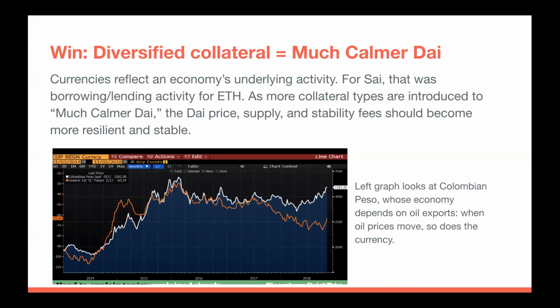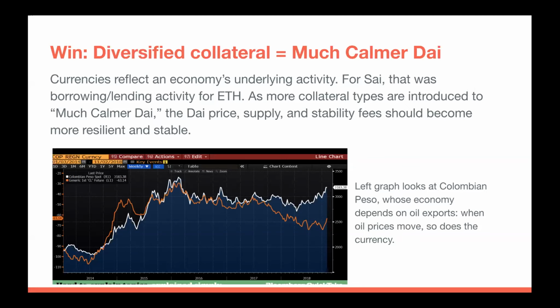If you add more collateral types, though, in theory, that diversifies this economic activity, this borrowing and lending activity. And that should also result in more stable DAI prices, supply, and even stability fees. Such that if you have a much calmer DAI, using that MCD inside of a given smart contract as collateral should expose the user to less of the volatility of having only a single activity underlying its price and supply.